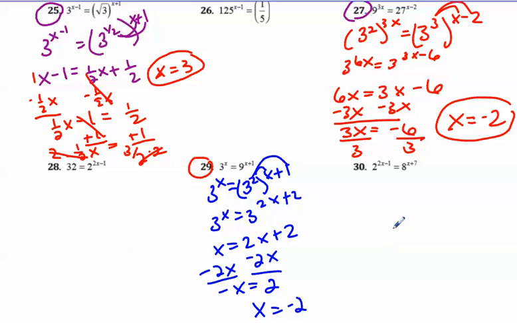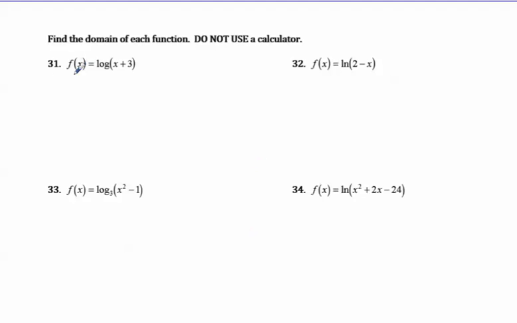Alright, let's try the domain problems on the last page. So a logarithm function is the inverse of an exponential. And remember, the exponential function will have a horizontal asymptote at y equals 0. So the logarithm has a vertical asymptote at x equals 0.